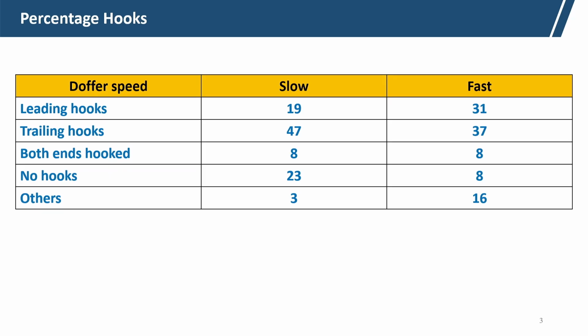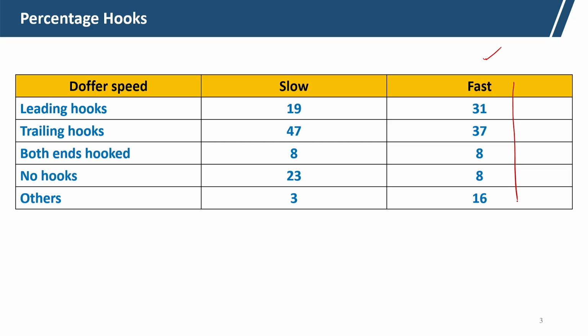Now, let us see the proportion of hooks present in the card, which changes with the speed. This data is from experiments, but on average the hook percentage follows these types of values.